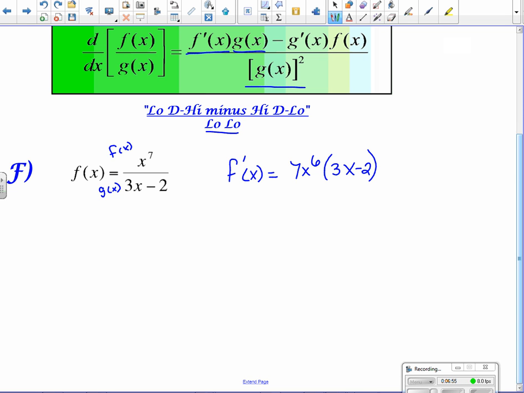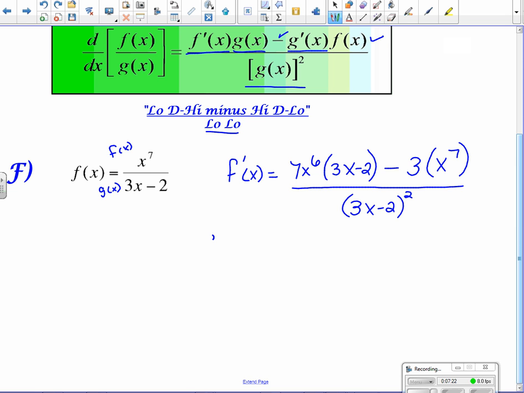And then a minus sign, different than the product rule. Then I do the derivative of the bottom, which is 3, times the top, no derivative of the top, just as is, x to the 7th, all over low, low, or g of x squared. So 3x minus 2 quantity squared.